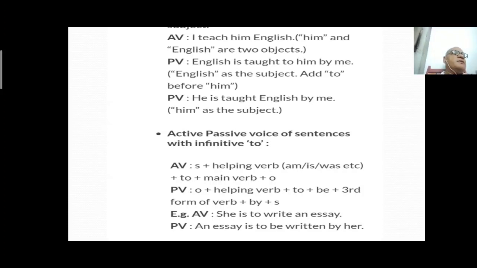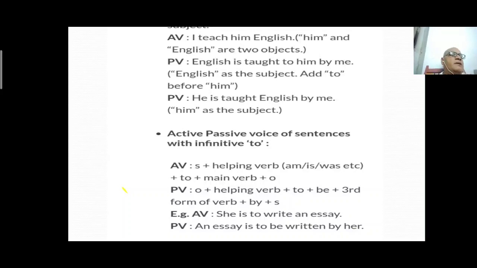Active passive voice sentences with infinitive too. Sometimes an infinitive is also there. Those infinitive sentences can be changed into passive voice, but it is somewhat different. One example is given here. She is to write an essay. An essay is to be written by her. She is to write, this is simple present tense.